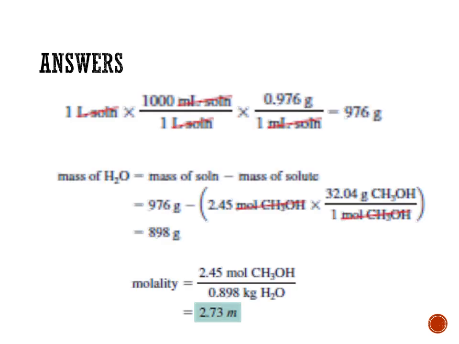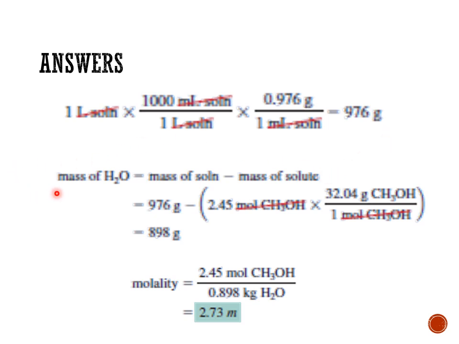So first, convert muna natin yung liters to ml. So 1 liter is equal to 1000 ml of solution times yung given na density, which is 0.976 gram per ml of solution. So may nakuha 976 grams.